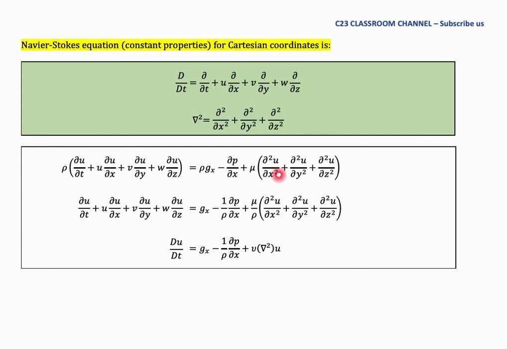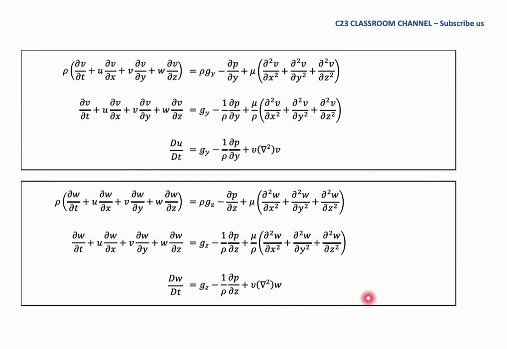We use the velocity u here, and the gravity here is the gravity in the x direction. And this is the Navier-Stokes equation for y direction and for z direction. It is almost all the same, but the difference is that for y direction we are using v as our velocity component.